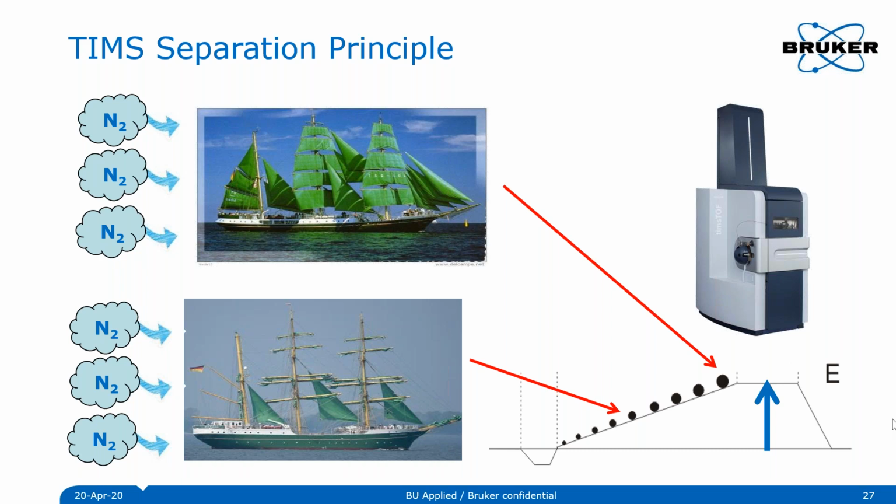And you can see it on the diagram right here on the bottom right. As a result, ions separate and spread out along the gradient of electric field in accordance with their collisional cross-section and interaction with the gas flow. Thus, this technique gives us a very effective and controllable separation of analytes based on the gas phase mobility of their ions.